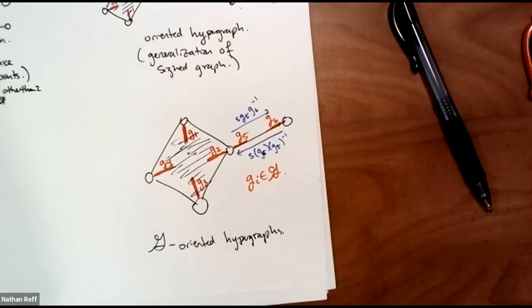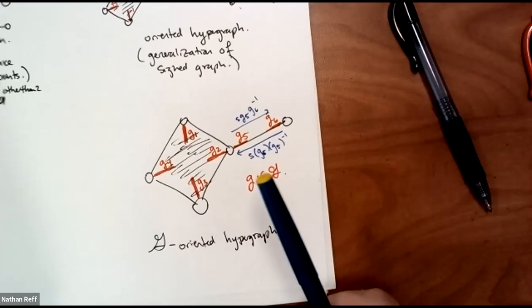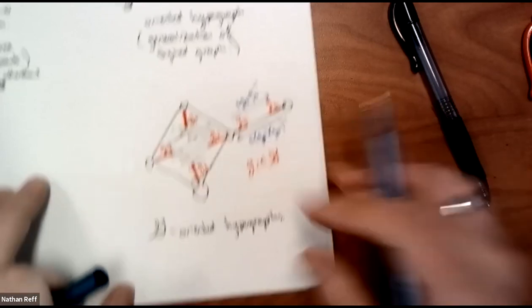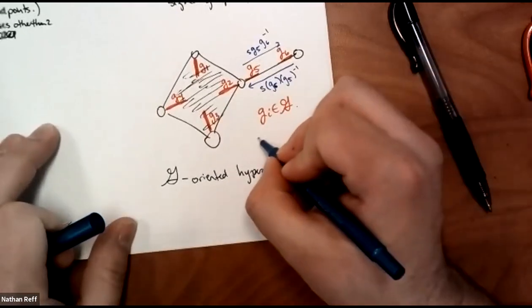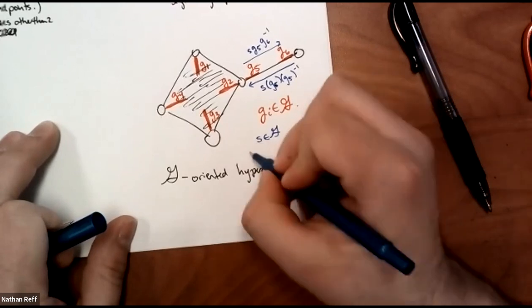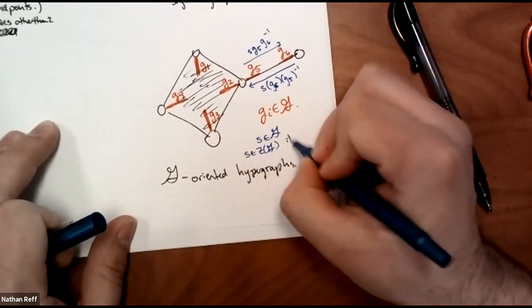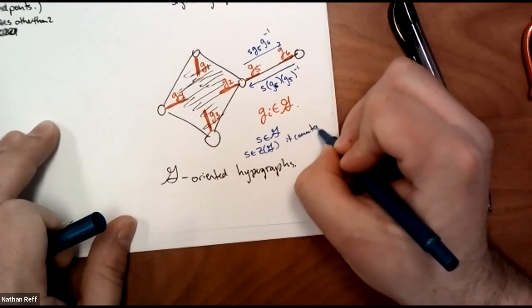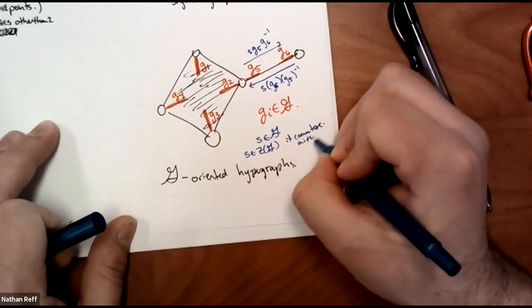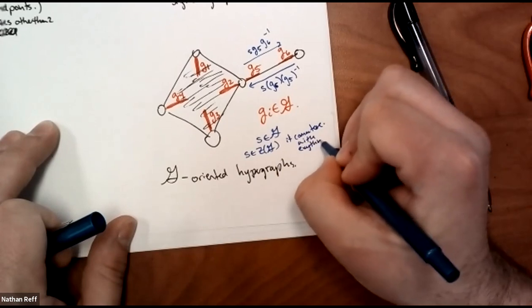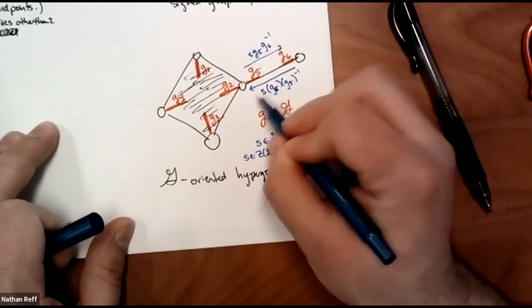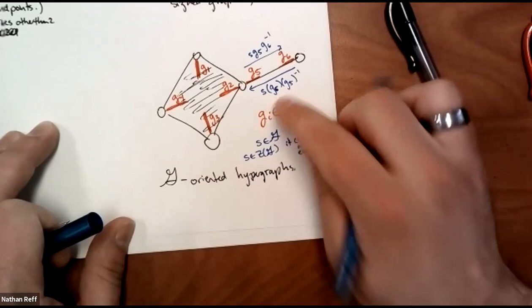I'm guessing S has to have some sort of property. So S is still in the group, right? But the properties are S has got to be in the center of the group, which means it commutes with everything. All that means is I'm free to move S anywhere that I want, even if the group itself is not commutative.